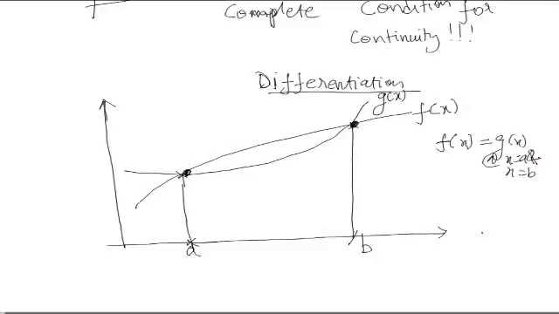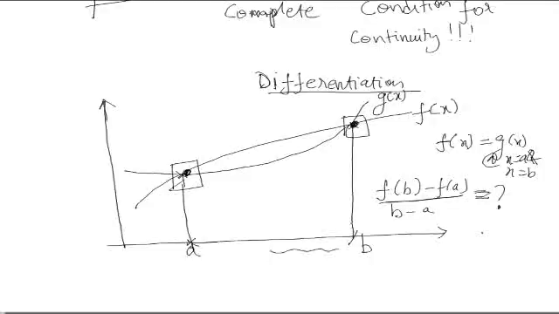Now what do we mean by this? Say, for example, suppose I do f of b minus f of a by b minus a. What does this mean? I am taking this value, subtracting it with this value, and then doing a subtraction here also.